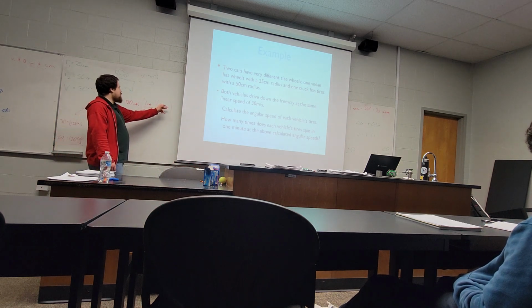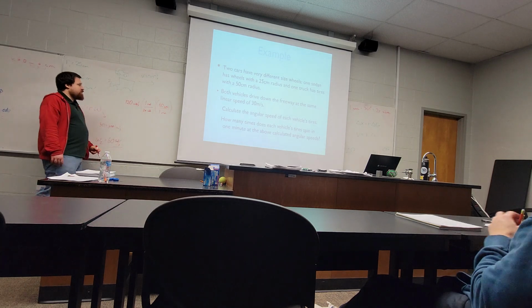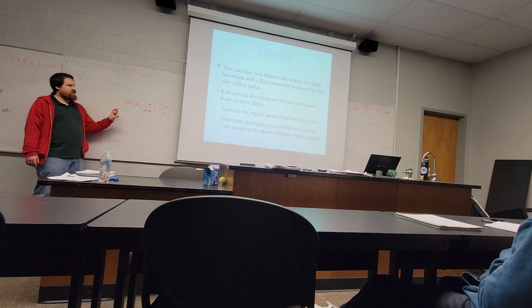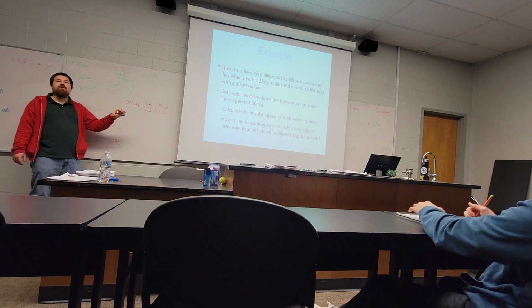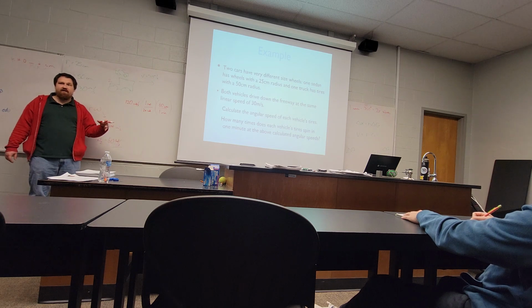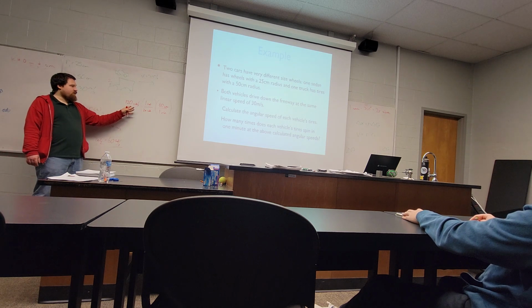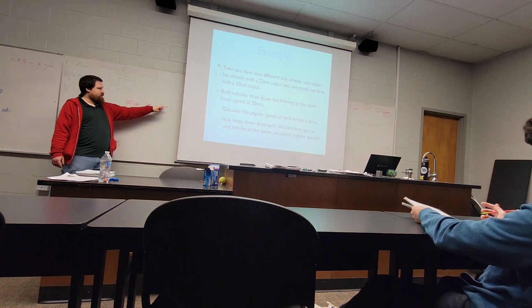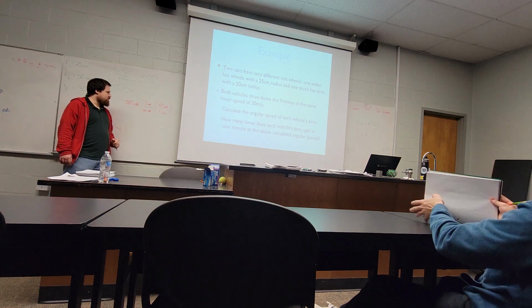So 120 divided by 2 pi and then separately times 60 will tell you the number of times the sedan's wheels are going to spin in a single minute. So converting from radians to rotations, and then converting from seconds to minutes.